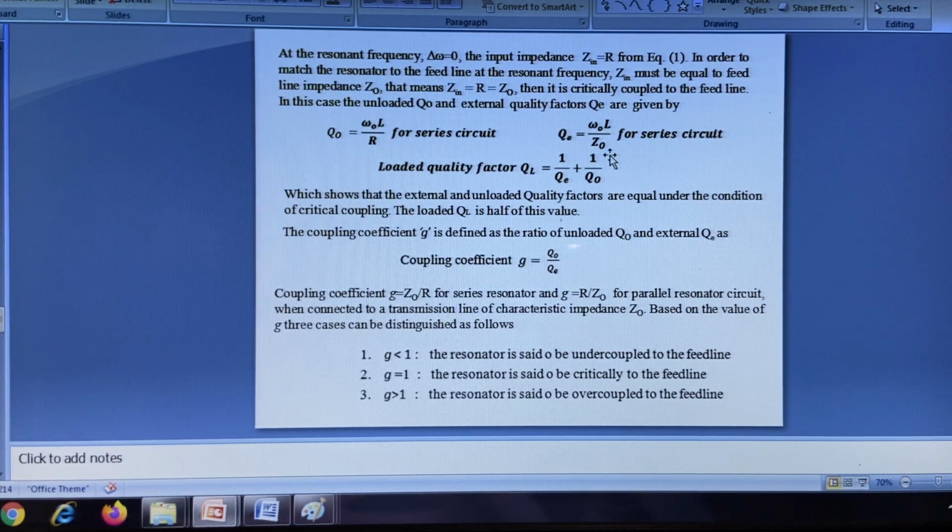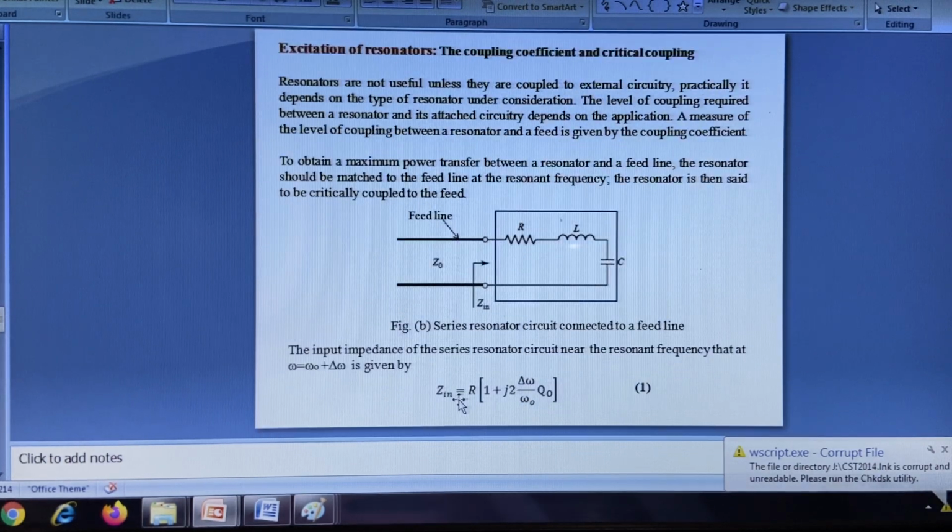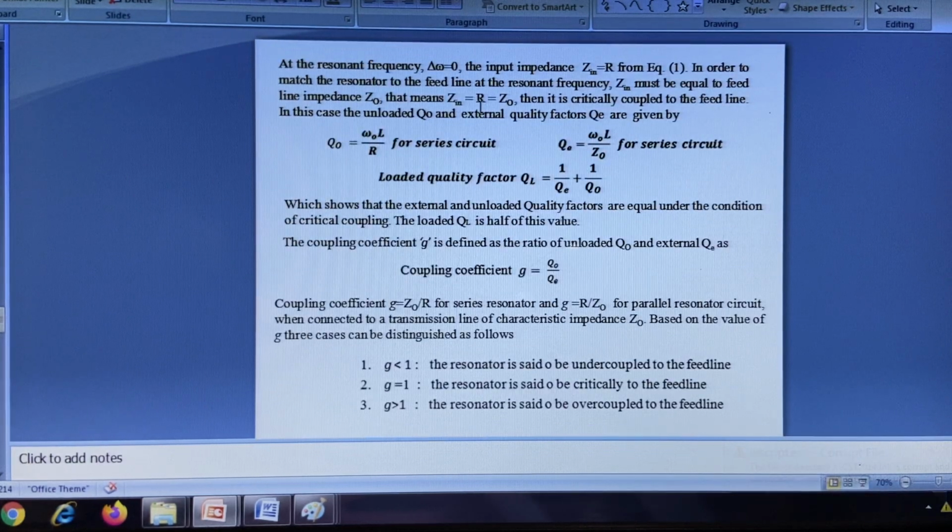And as we discussed, at the resonant frequency, from this equation, Zin is equal to R. So that is equal to Z0 for critical coupling. So Z0 is equal to R for critical coupling.